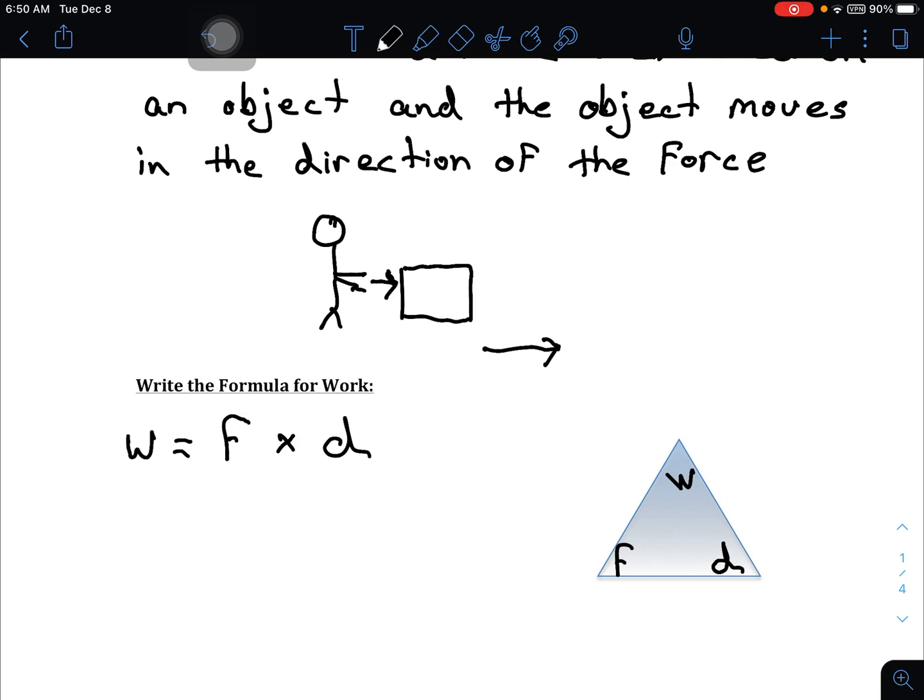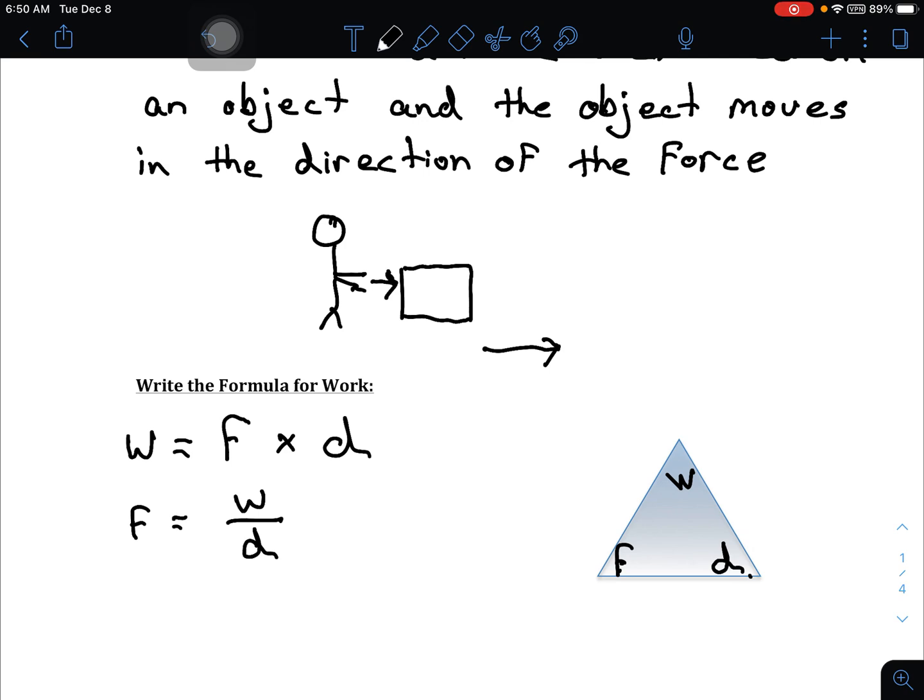If we wanted to solve for force, I find the F for force and cover it with my finger. Then I see that W is over D on the other side of the triangle. So the formula for force is work divided by distance.